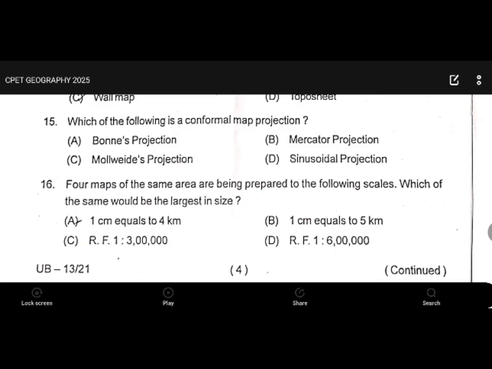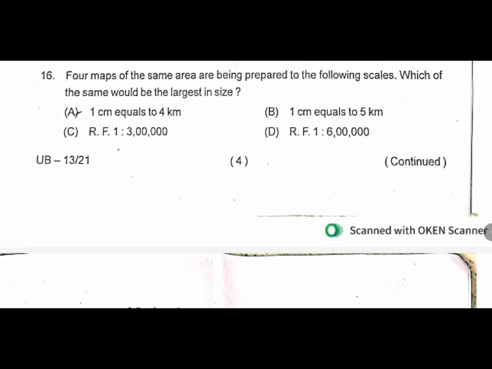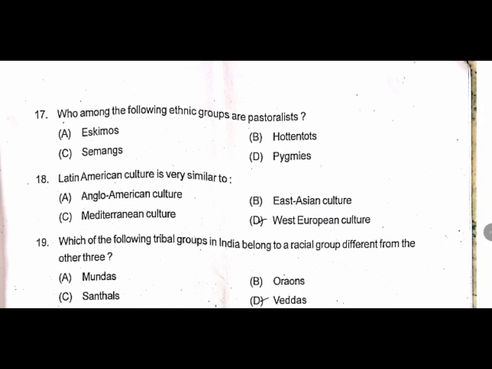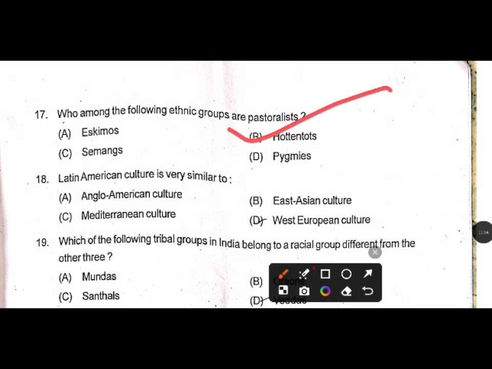Question number 16. Four maps of the same area are being prepared to the following scales. Which of the same would be the largest in size? ठीक आंसर टी हबो ऑप्शन डी। 17. Who among the following ethnic groups are pastoralists? ठीक आंसर टी हबो ऑप्शन बी। 18.